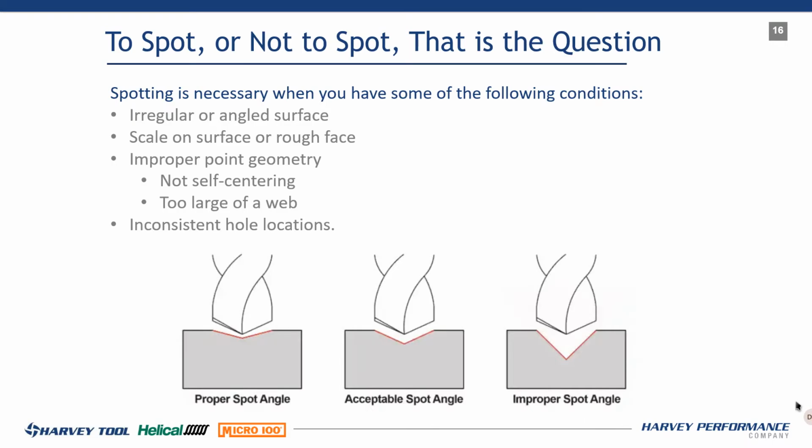The reason for this is we don't want to, number one, hit the outside of the cutting edges, especially on carbide, because what you'll do is you'll start wearing that out and you won't actually dial in on the center of that spot. When you use that spot, what you're doing is pre-starting that hole for the drill. So it's important to use a spotting angle that is flatter than the one you're actually using.